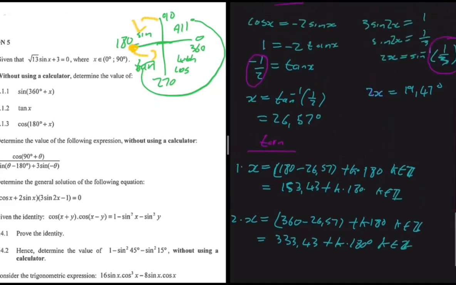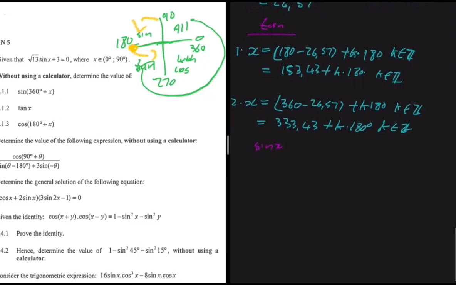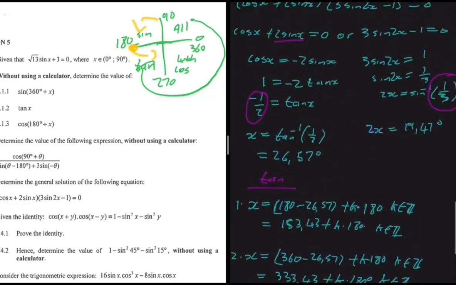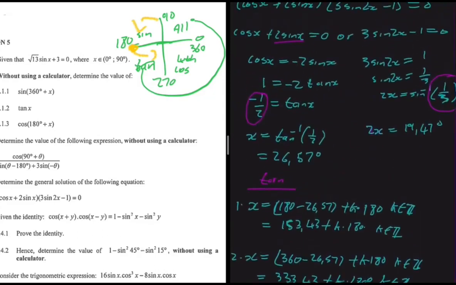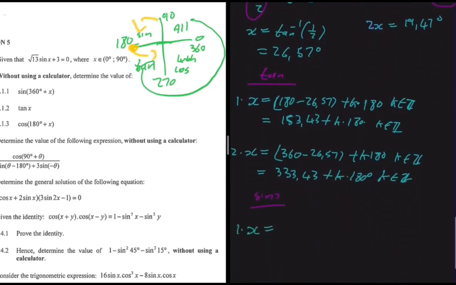And then now we are done with that part. We can move to the part where we had the sine. For the general solution there, we want quadrants where sine is positive. This is not x here, it's supposed to be 2x.